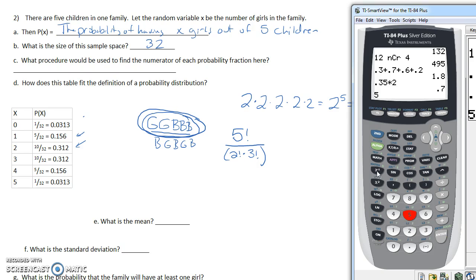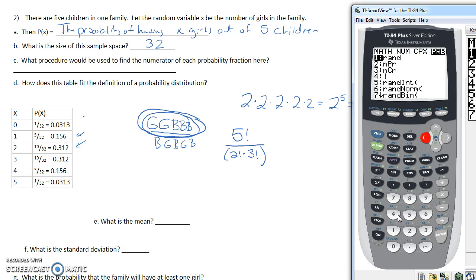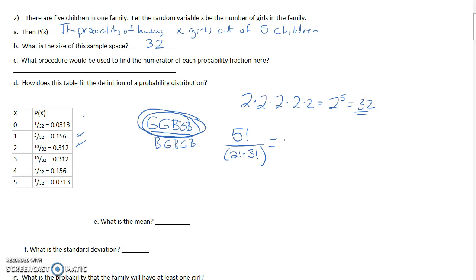We calculate that by finding 5 factorial divided by the repeats of the girls times the repeats of the boys. And when I figure that out, I find that there are 10 different arrangements of having 2 girls and 3 boys, out of how many total possible arrangements? There are 32 possible arrangements. This is where we get that number 10 out of 32.